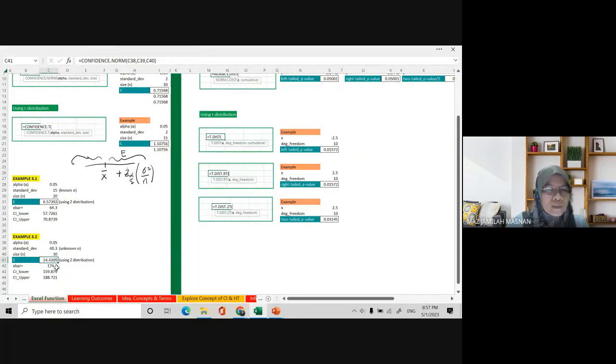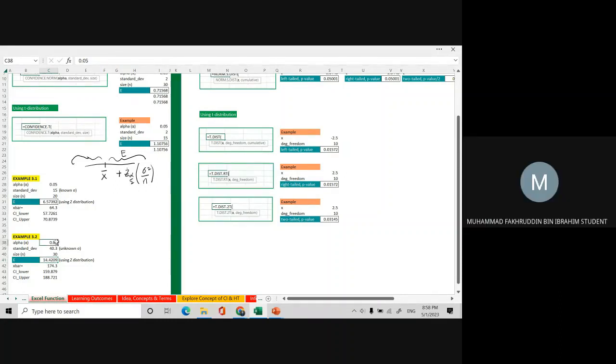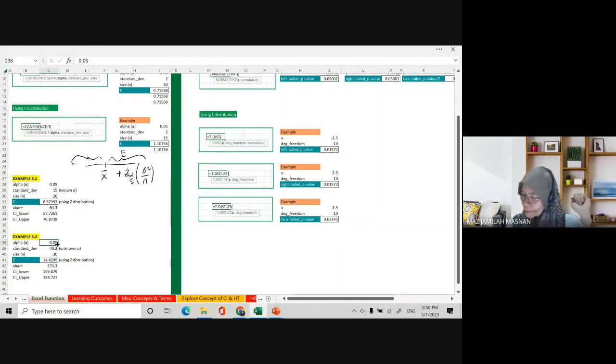So X bar plus minus the margin of error, you got 159, but there is something wrong. Now what is wrong with my calculation, class? The alpha, right? The alpha is 99, right? 99 is 0.01, right?